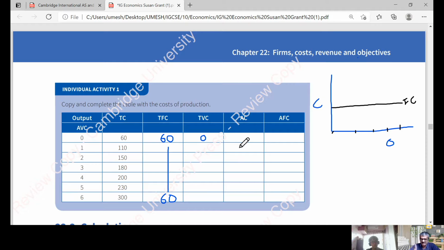When the output is 1, then we'll have to do 110 minus 60, right? 90 and then capital.